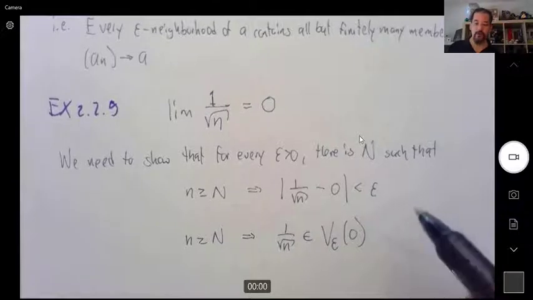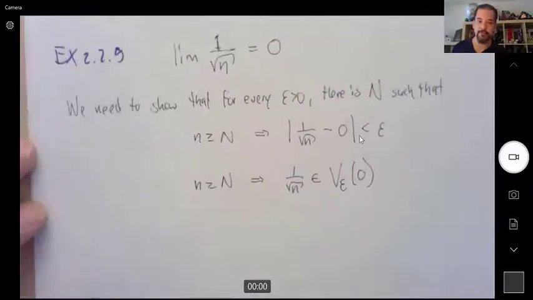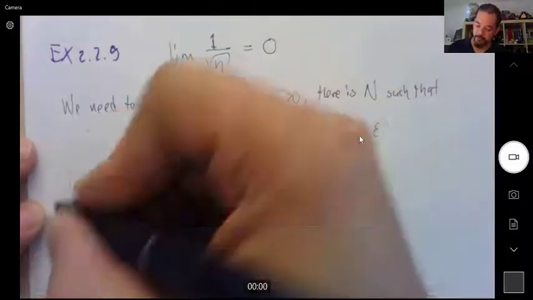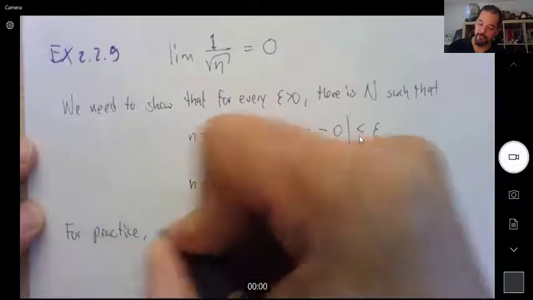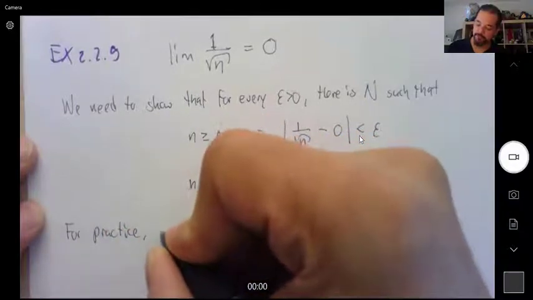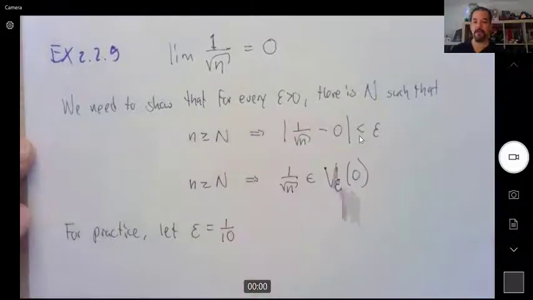As practice, let's not do it in general, but play this game with a specific epsilon. Let's pick 1 over 10, a tiny number, 0.1.